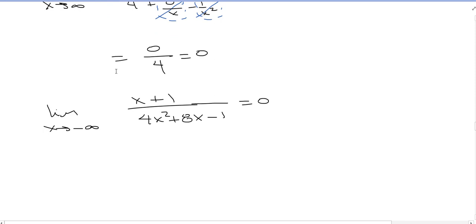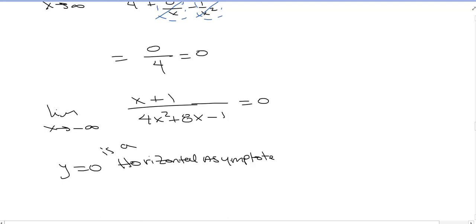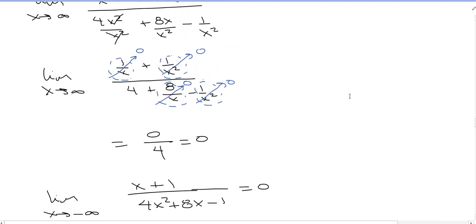So it still goes to 0. That means that our function has a horizontal asymptote at y equals 0. So what is the end behavior of the graph of that function? It has a horizontal asymptote at y equals 0.